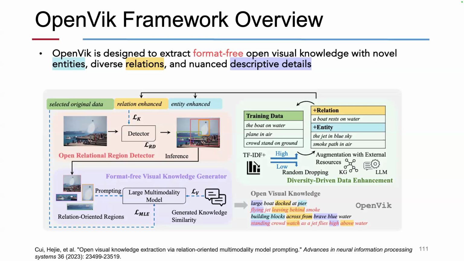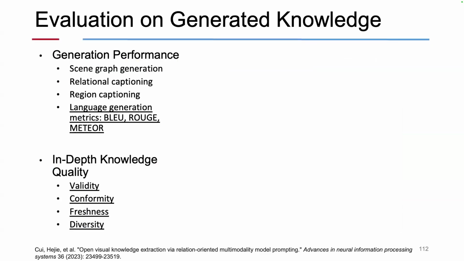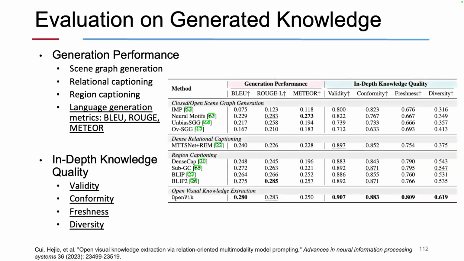So in the end, we're able to generate so-called open visual knowledge. Of course, there are a lot of further details ignored in the talk, but they can all be found in the paper.